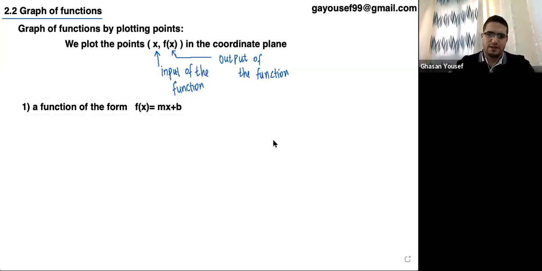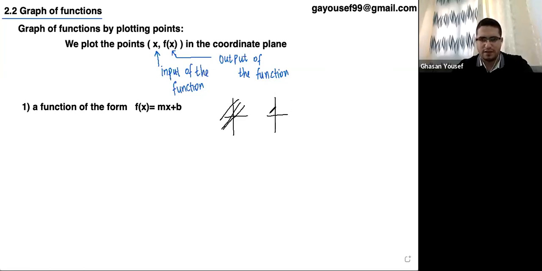I told you before, if the slope is positive, the line will look like this. If this is my Cartesian plane, the line will be something like that. But if m is negative, the curve will be something like this.